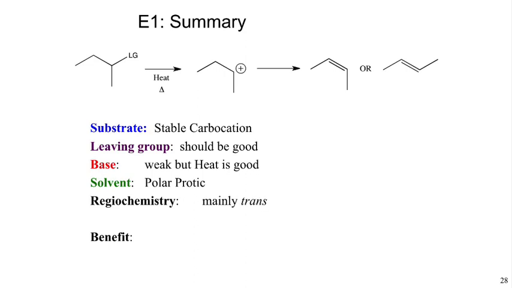Your regiochemistry, technically when I say mainly trans, we're referring to the stereochemistry, not the regiochemistry. The regiochemistry is forming that more substituted double bond. Okay. This was observed a long time ago by a Russian called Zaitsev, or his last name was Zaitsev, I believe.